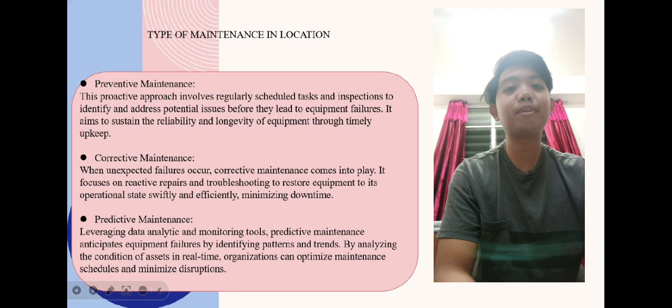Next is corrective maintenance. When unexpected failures occur, corrective maintenance comes into play. It focuses on reactive repairs and troubleshooting to restore equipment to its operational state swiftly and efficiently, minimizing downtime.